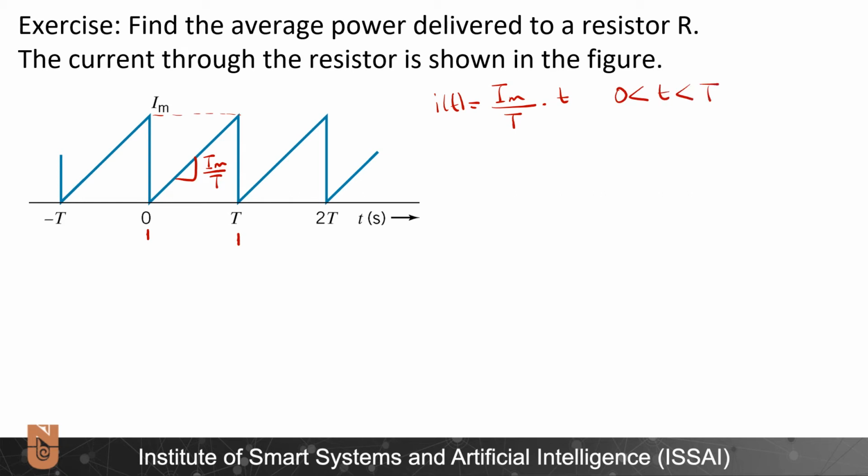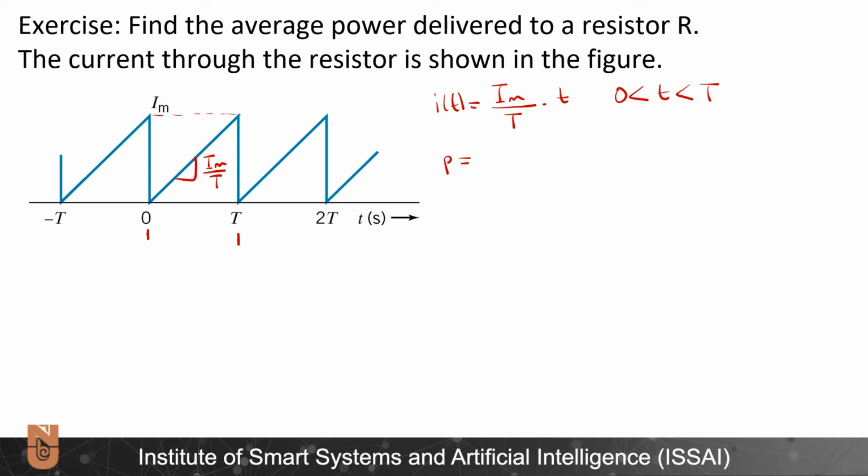Now, I need to find the instantaneous power and then work with the integral to find the average power. I cannot use the equation which I used in the previous slide for sinusoidal currents because this is not sinusoidal.